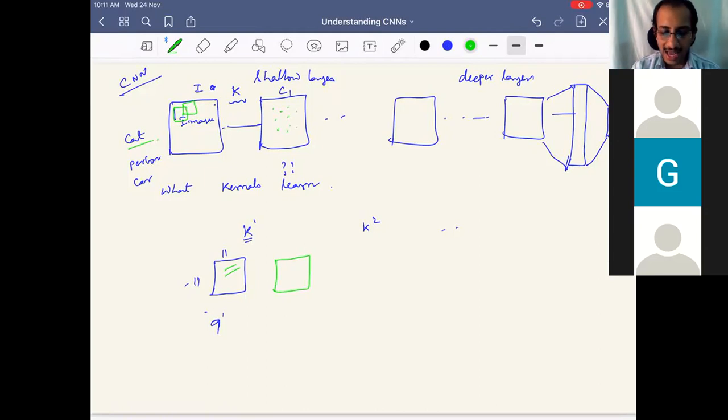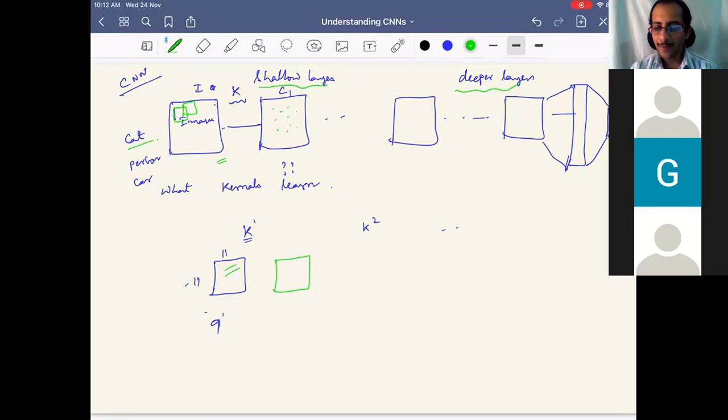And these kernels, especially at the shallow layers, are directly operating on the image, so they tend to capture the visually understandable features of the image. Whereas at the deeper layers, they are not operating on the image, they are operating on features that are extracted so far.